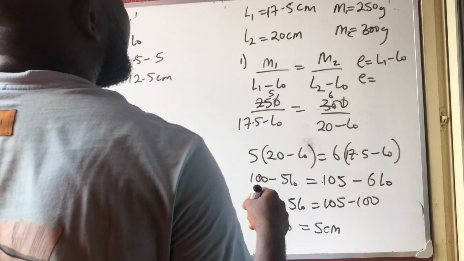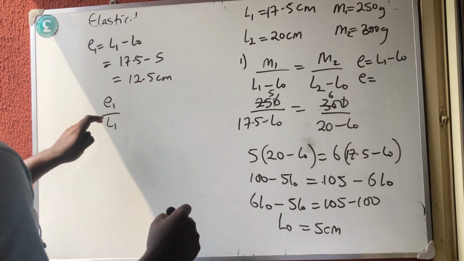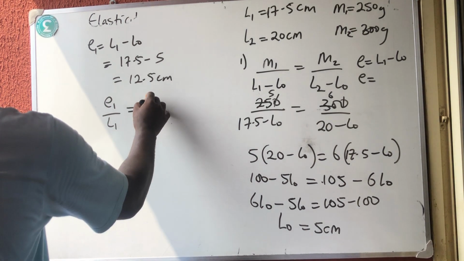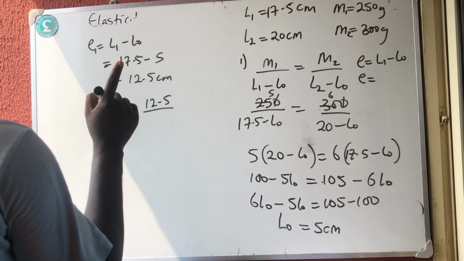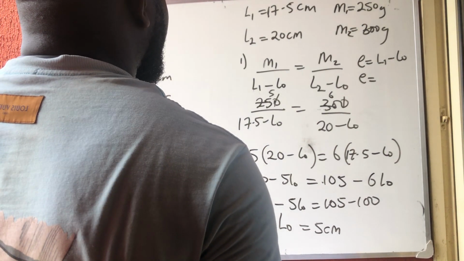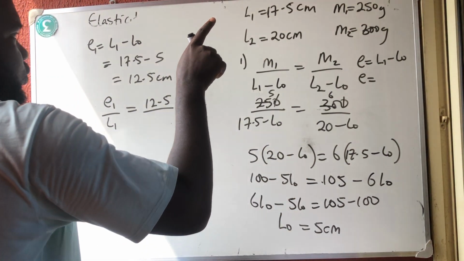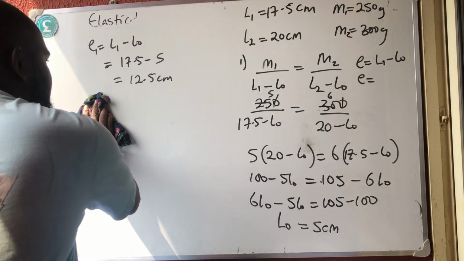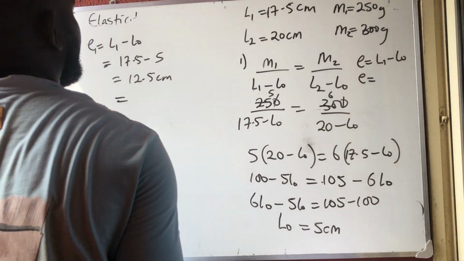But extension per unit load, which is E1 over L1, that is extension over load. In fact, we need to convert this because they are talking about load. So since they said load, we have to convert. Let's convert this one to meter.